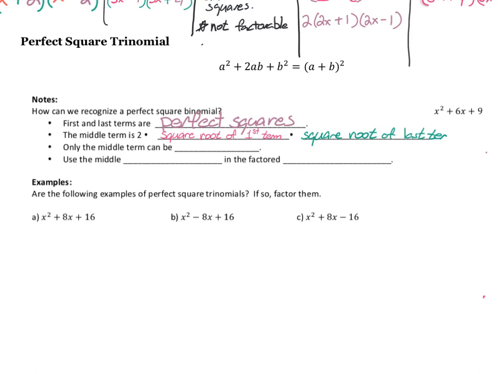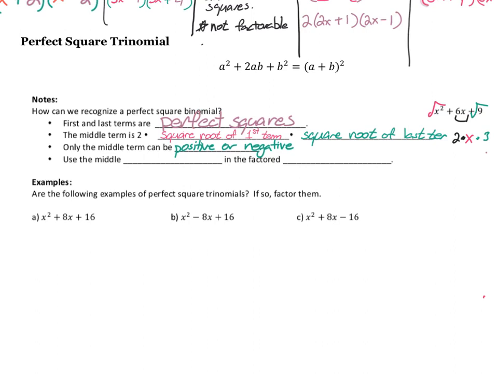The square root of the first term is x. The square root of the last term is 3, and then we're going to multiply that by 2. And if that gives us the middle term, right, 2 times x times 3 does give us 6x, then we're almost there. We almost know that we have a perfect square trinomial.